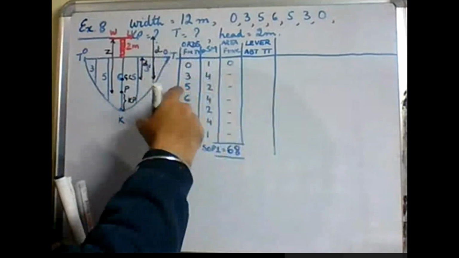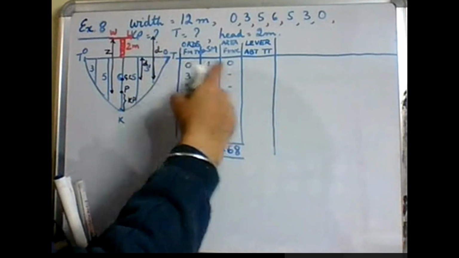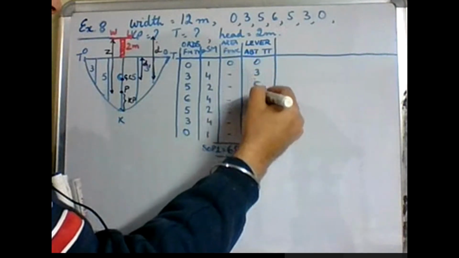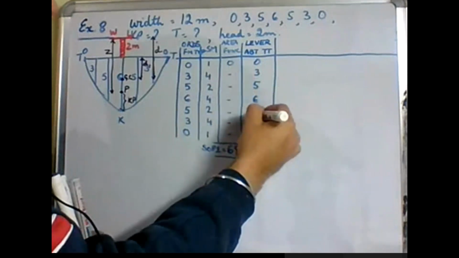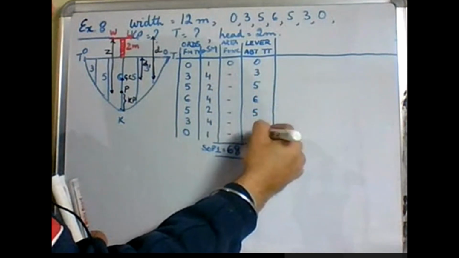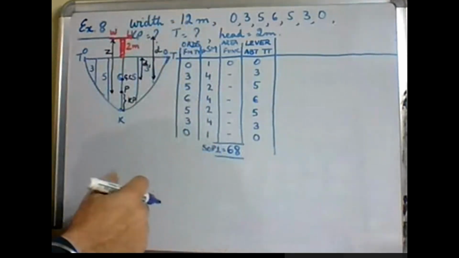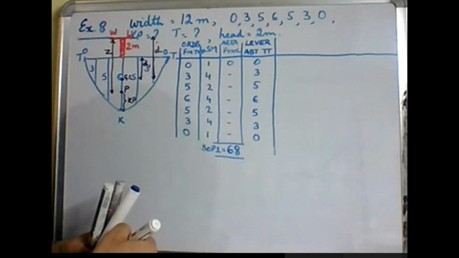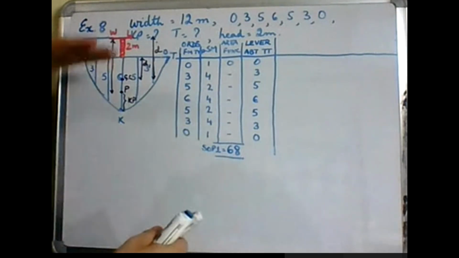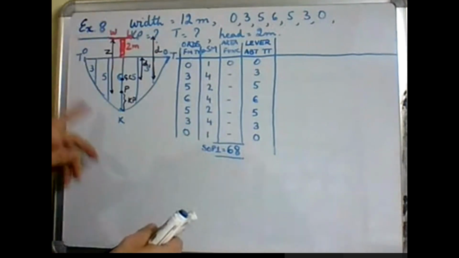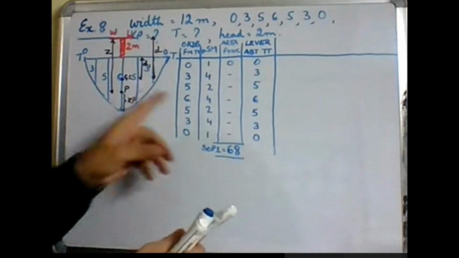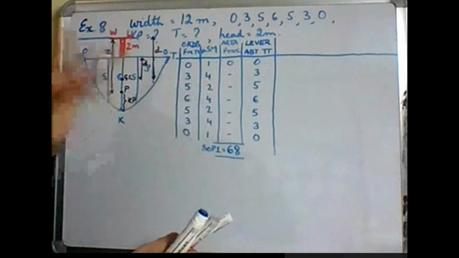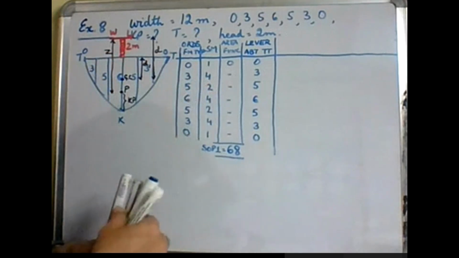That means column number 1 will become the lever now: 0, 3, 5, 6, 5, 3, 0. This is the lever itself, lever about the TT. So my moments are being taken about TT because the lever is about TT. So remember, horizontal ordinates, lever is the water line. Vertical ordinates, lever is the TT. Please remember that.